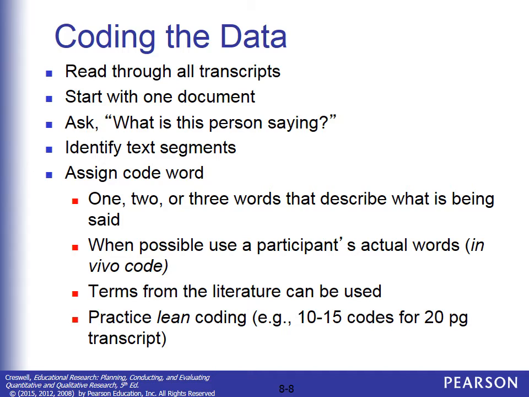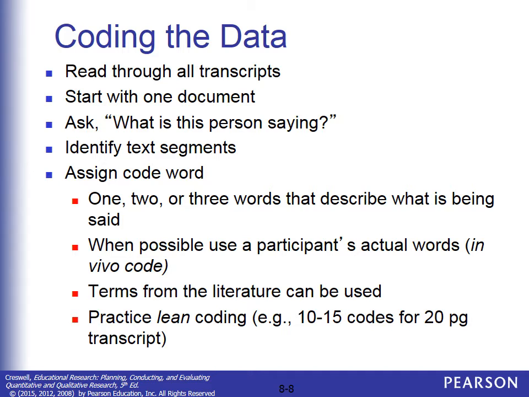To begin the process of coding, you need to identify text segments, place a bracket around them, and then assign a code word or code phrase that accurately describes the meaning of the text segment. Sentences, or sometimes paragraphs, all of which relate to a single code, are called a text segment, and codes are labels used to describe that text segment or image.